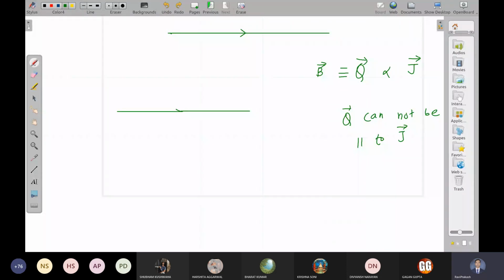So this is the direction of current in this wire. Let us say vector B or vector Q is some constant times z cap. This is the z direction. At this point, this is the direction of vector Q. Let us say you are here.